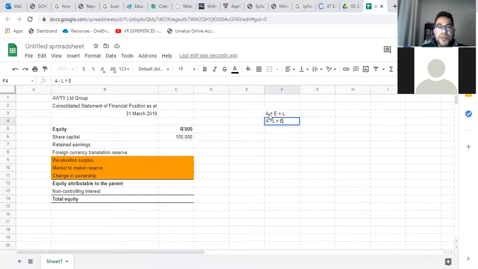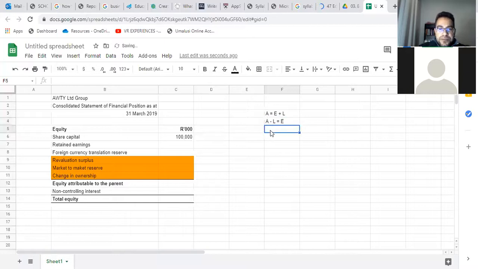The income statement, the profit or loss, and other comprehensive income, and as a result, total comprehensive income, represents 100% of the subsidiary. But remember, below total comprehensive income, we have profit attributable to, and total comprehensive income attributable to. So the income statement has 100% of the income and expenses of the subsidiary, and the same for the balance sheet. The assets have 100% of the subsidiary, and the liabilities have 100% of the subsidiary.